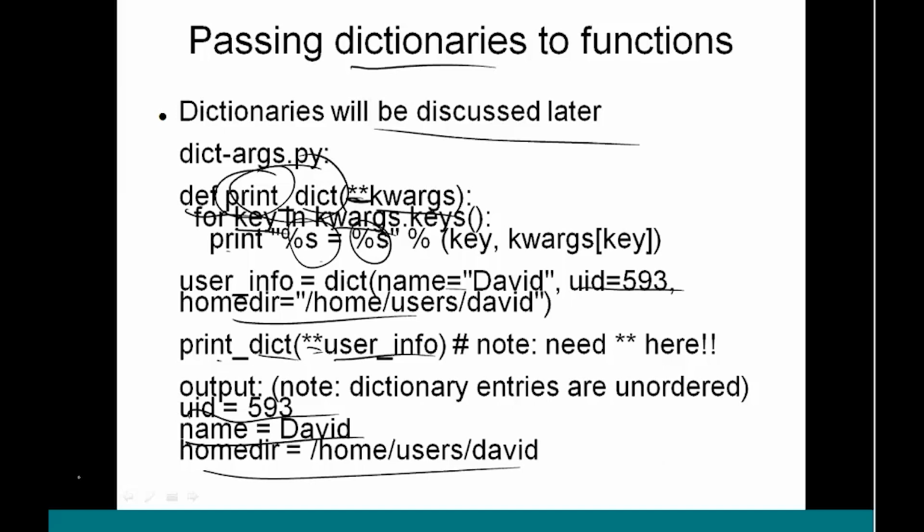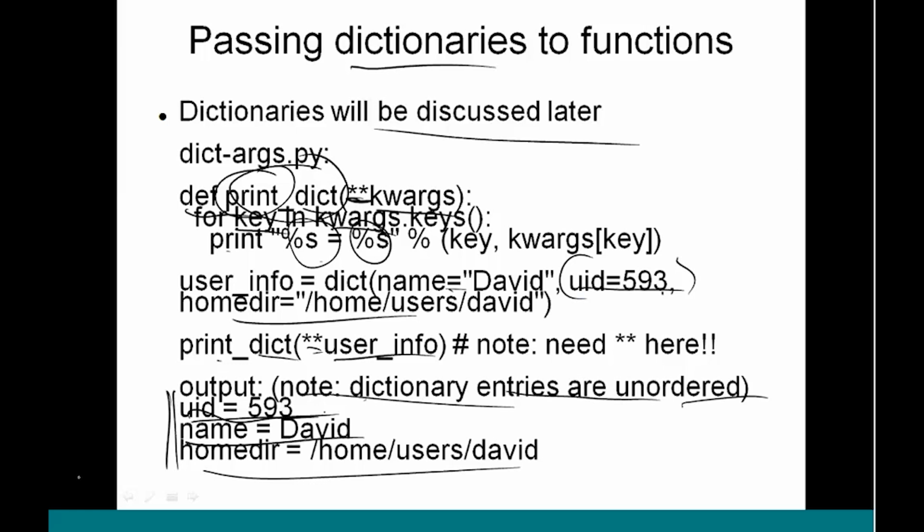So one thing that you want to note is we talked about this earlier, when we talked about the dictionary data structure. The dictionary entries are unordered, unlike lists or even tuples for that matter. That's the reason why, even though we specify it like this, the user ID came second and name was first.